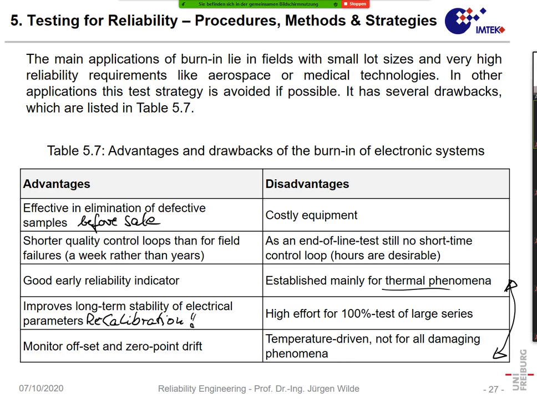Now imagine we have, for instance, electronics for a satellite. Costs for a satellite are 200 million euro, and that satellite has electronics, and of course it makes sense to do a burn-in, so it will fail on ground and not fail after the launch of the satellite, because then you would have fireworks for 200 million euros.